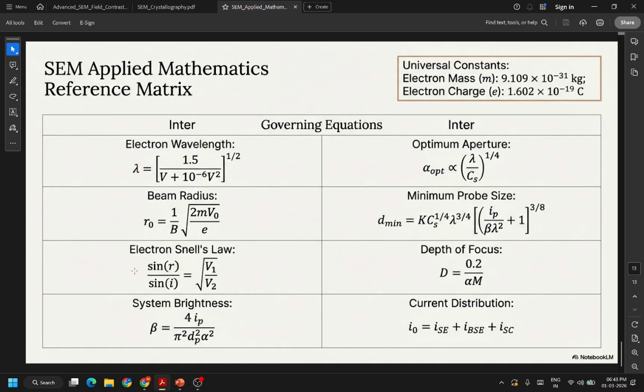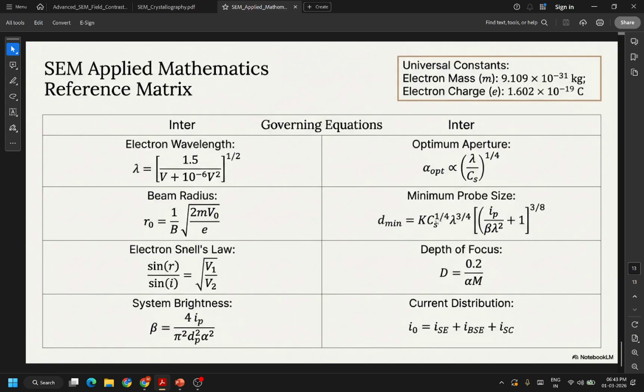Then the change in direction using electrostatic lenses you can calculate using Snell's law. Then the system brightness you can calculate using this formula. The optimum aperture for minimizing your aberrations you can get from this.